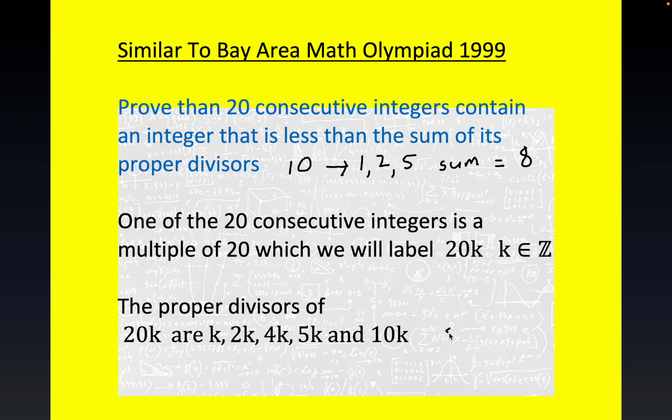So the sum here is 22k. And that meets the condition because 20k, of course, is less than 22k. And again, k can be any integer.